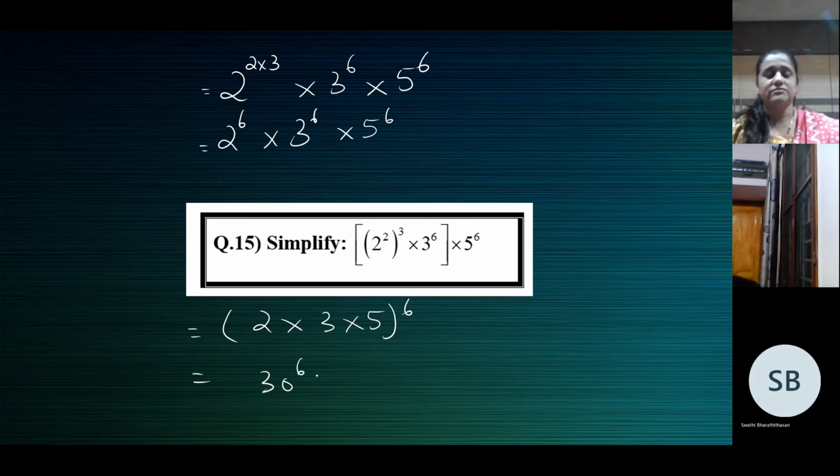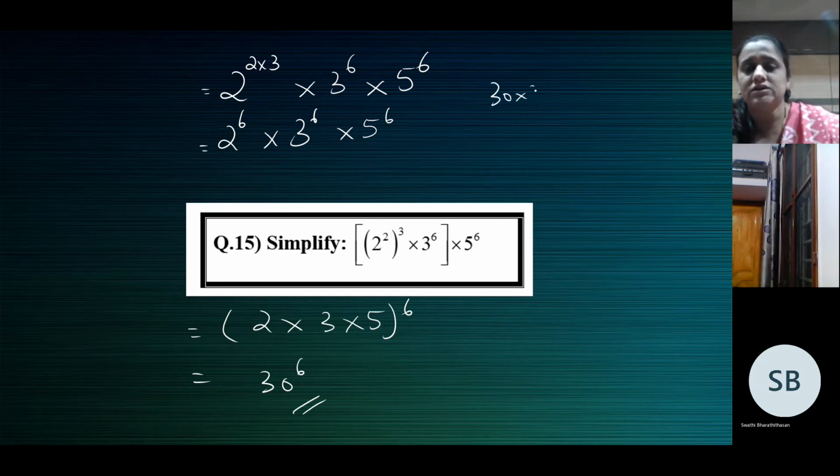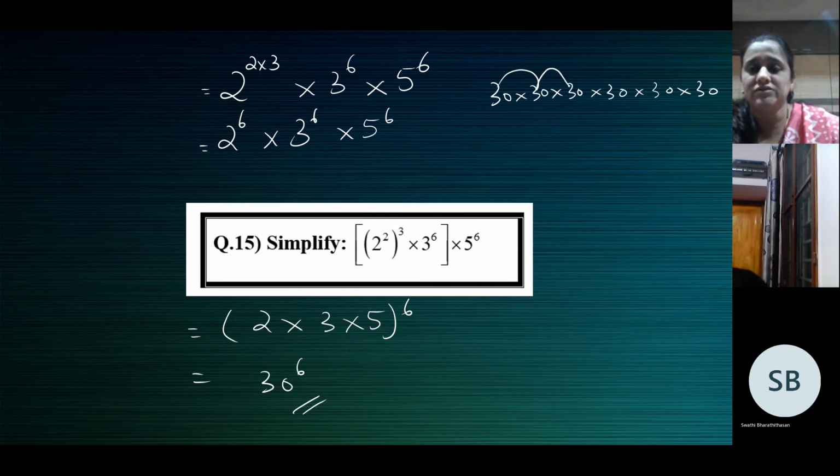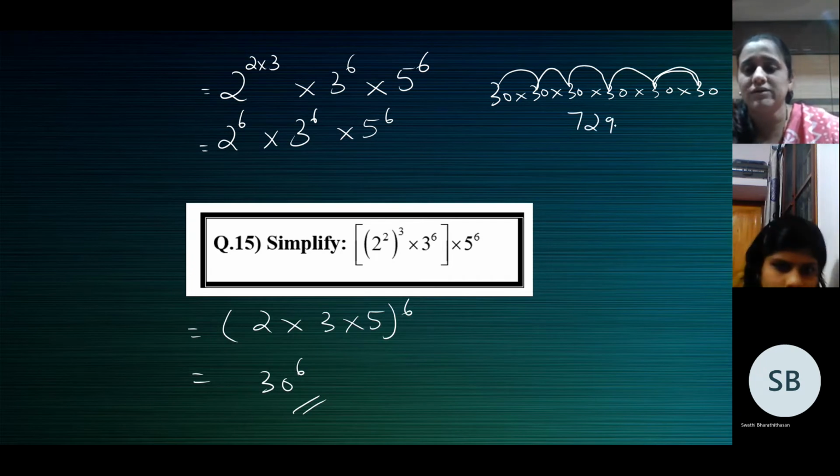Perfect. You can leave the answer like this, or you can find the value of 30 to the power 6. So 30 into 30 into 30 into 30 into 30 into 30. 3 threes are 9, 9 threes are 27, 27 threes are 81, 81 threes are 243, 243 threes are 729. 729 followed by 6 zeros.